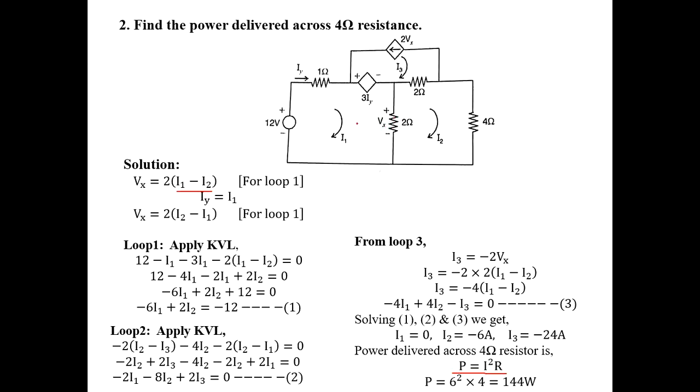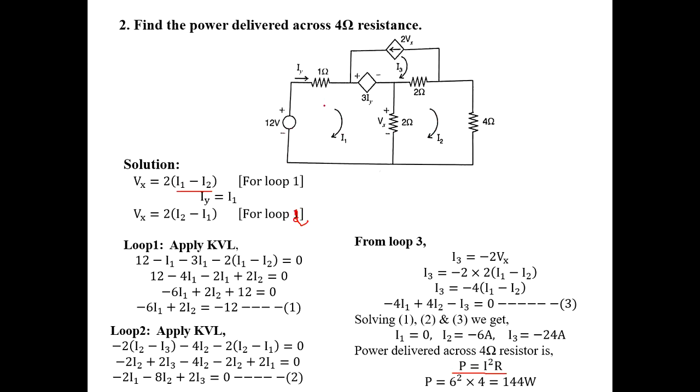Here, in this 2 ohm resistor, the currents I1 and I2 are flowing. Then we write Vx equal to 2 into, for the first loop, I1 minus I2. For loop 2, we can write Vx equal to 2 into I2 minus I1.